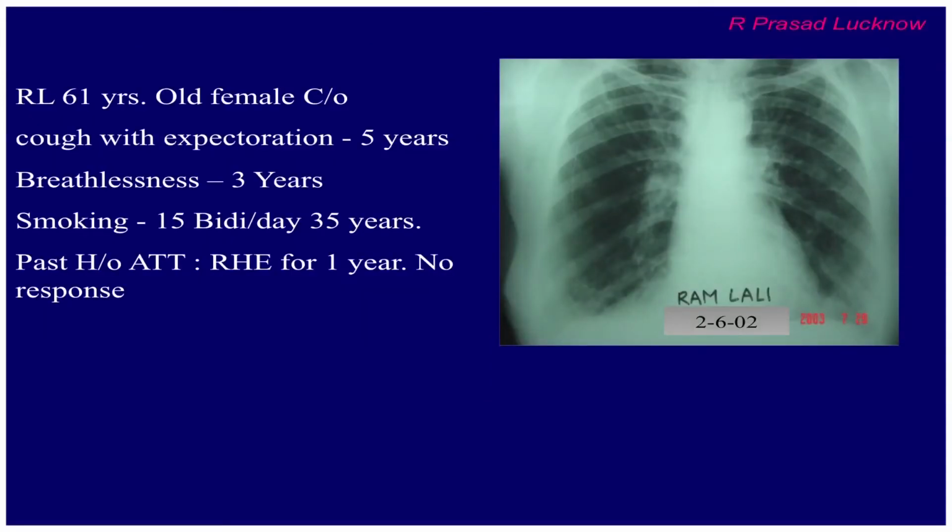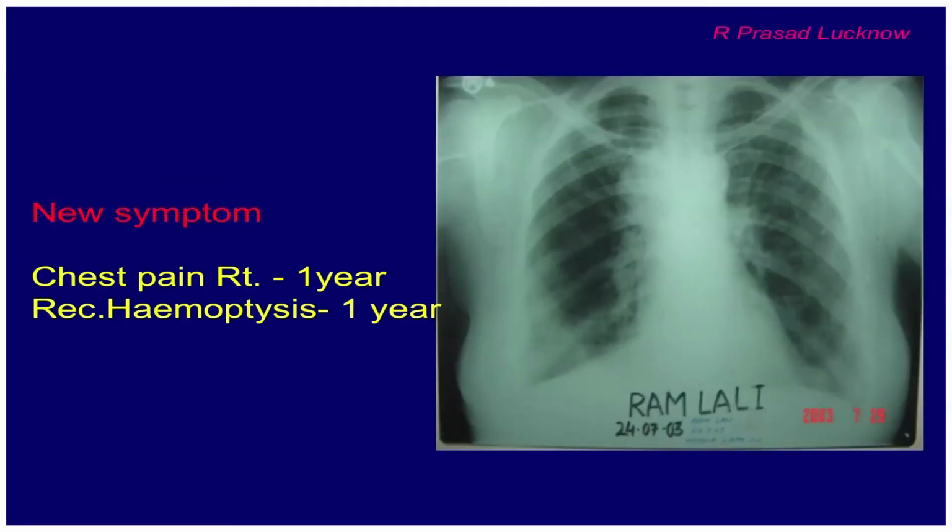This is another lady who has come as a case of COPD. As you see, she has had cough, expectoration, breathlessness for the last 3 to 5 years. She has been a bidi smoker for 35 years, and somebody already gave her treatment for tuberculosis because she had developed hemoptysis and chest pain.